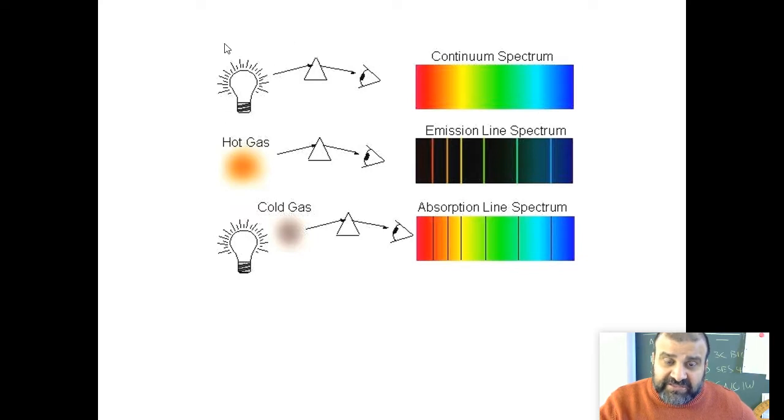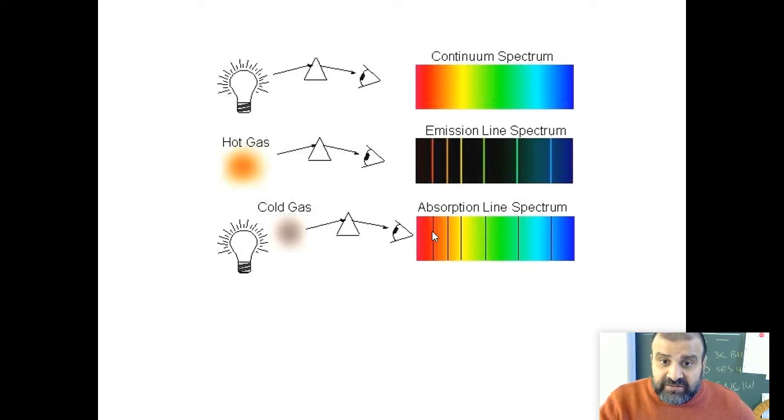But when the star is hidden behind a cold gas, or in this case, a cooler gas, right, the atmosphere surrounding the star, right, so the photosphere, the chromosphere, right, and the corona of a star, right, when the light from the core of the star travels through the cooler atmosphere, right, that atmosphere absorbs radiation.